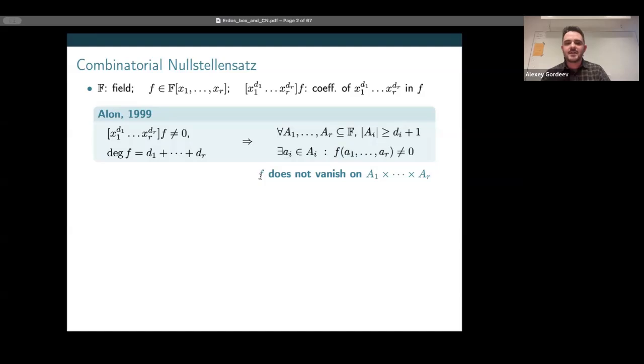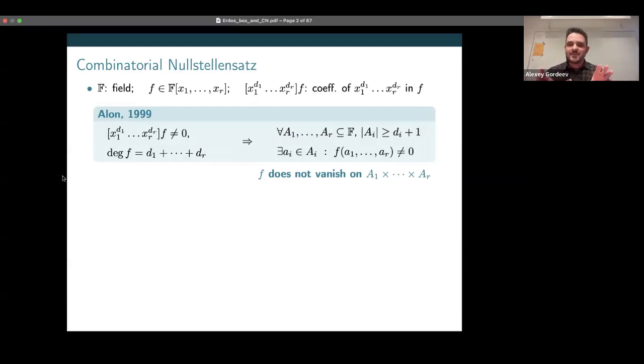The idea is that polynomial f cannot vanish on any sufficiently large product set. If for every variable we choose any subset of values of size at least the degree of this variable in the monomial plus 1, then on the resulting product set, A1 times and so on times Ar, you can always find a point at which the polynomial is non-zero. Or in other words, the polynomial cannot completely vanish on any such product set.